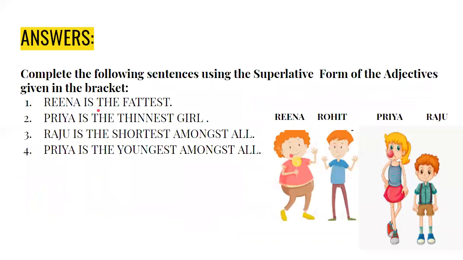Reena is the fattest. Priya is the thinnest girl. Raju is the shortest amongst all. Priya is the youngest amongst all. So here I have used the youngest, the shortest, the thinnest, and the fattest.